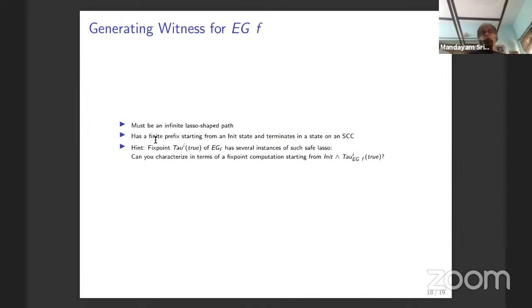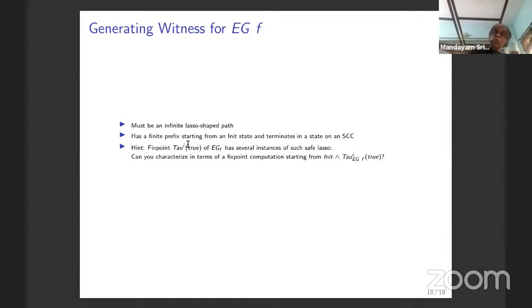You will have to start, so here all the intermediate results will not be of much help, okay, but you will have to start with the fixed point. In that, you will have to look for a state, okay, maybe given an initial state, you can start from that, or you can pick some state.